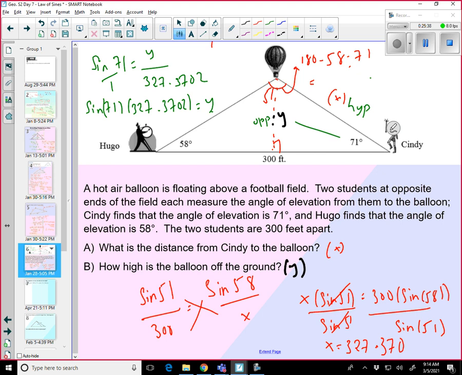Sine 71 times that gives us 309.535. So y equals 309.535. Okay, I hope this is clear. Let's move on to the next slide.